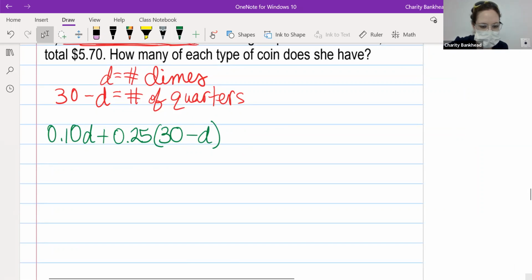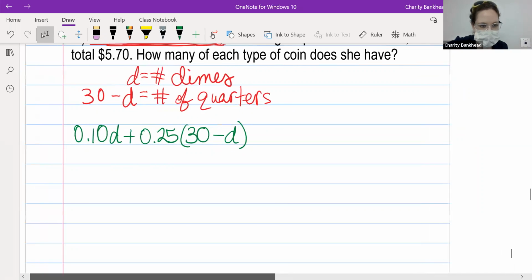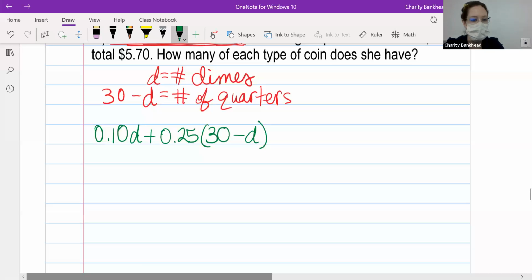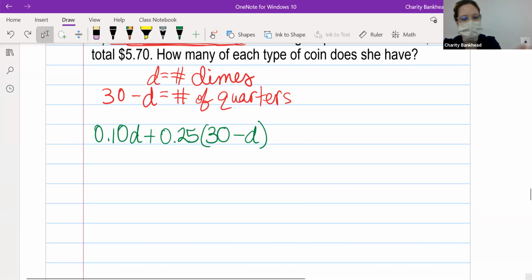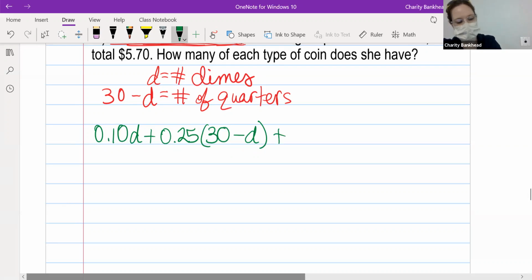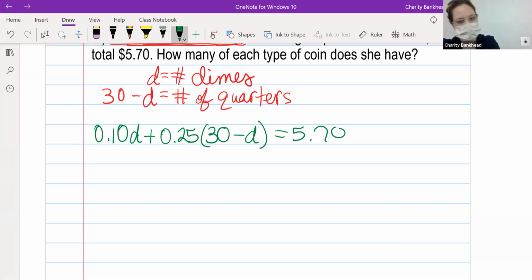So this would represent the total amount of the dimes. That would represent the total amount of the quarters. You add them together and it totals to $5.70. All right, and then now we're just going to solve the equation.